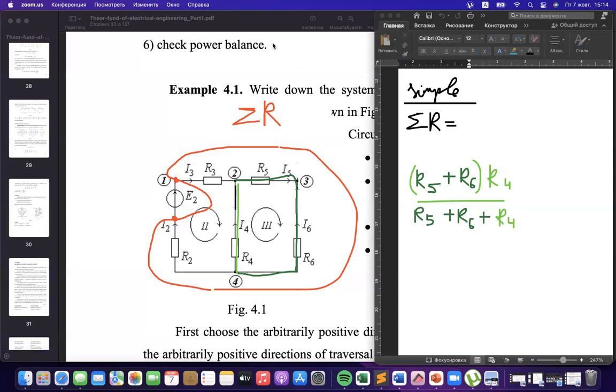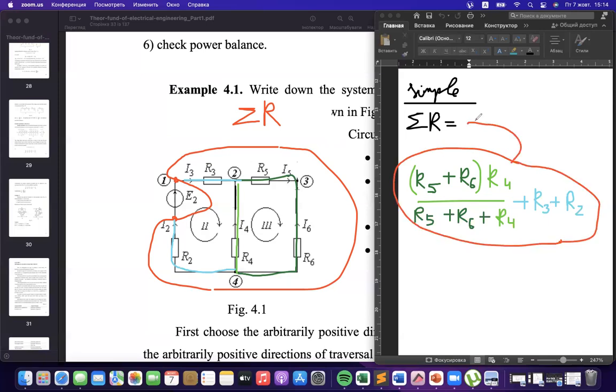And then we have serial resistivities connected to these parallel branches. It will be plus R3 and plus R2. It is the total resistivity of the whole network.